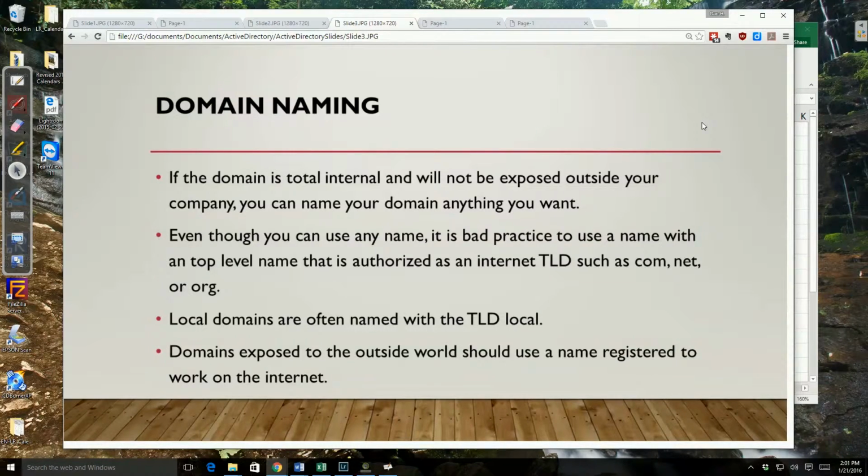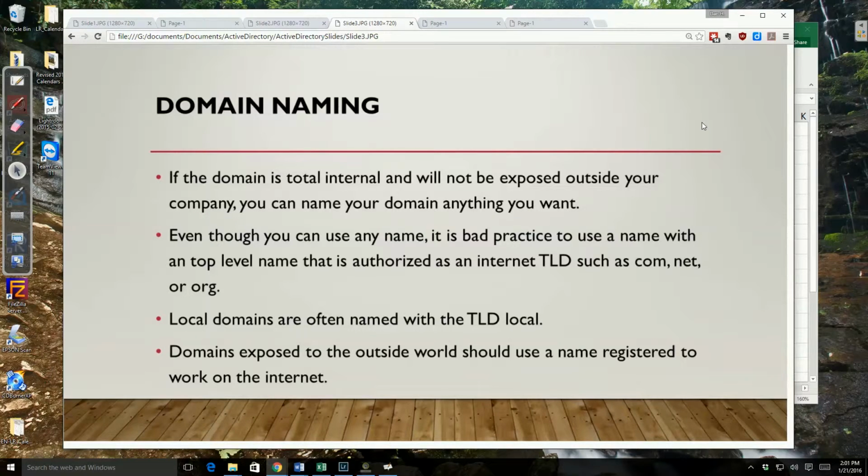The cost of those domains runs anywhere from about $10 a year to hundreds of dollars a year for some very special domains. But for the coms and nets, $10 to $20 a year is very typical.